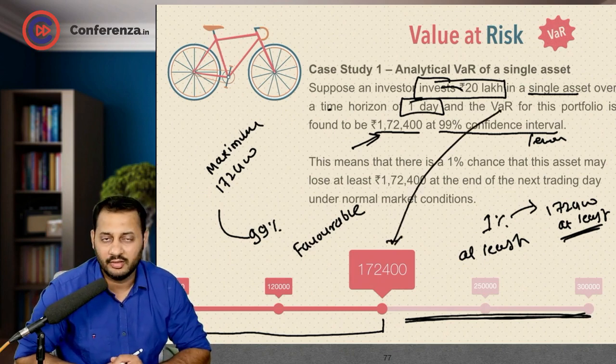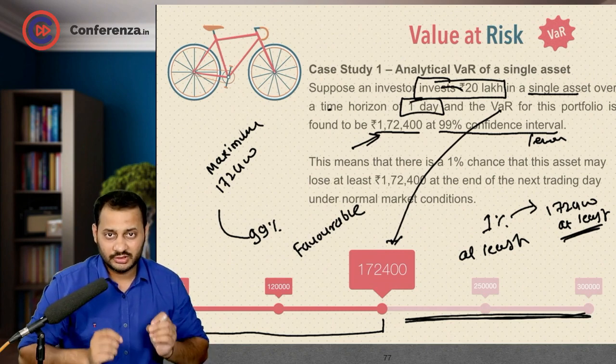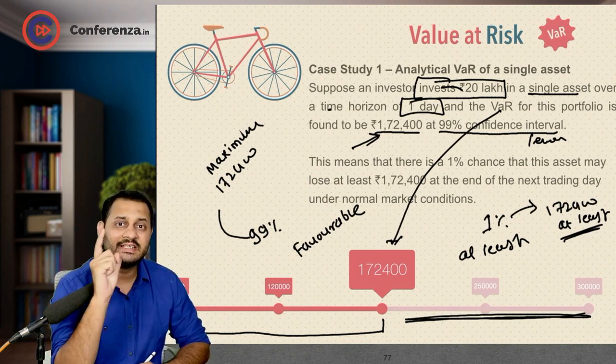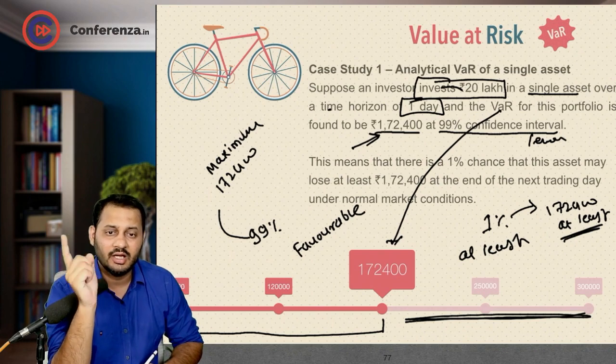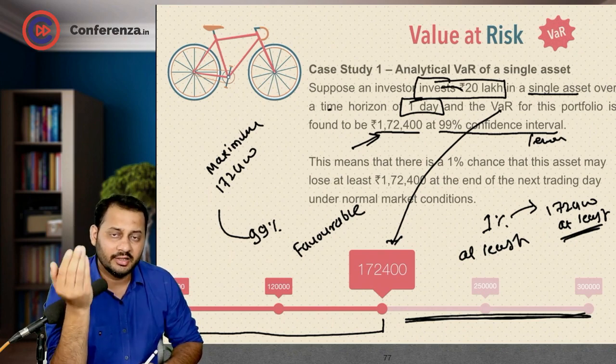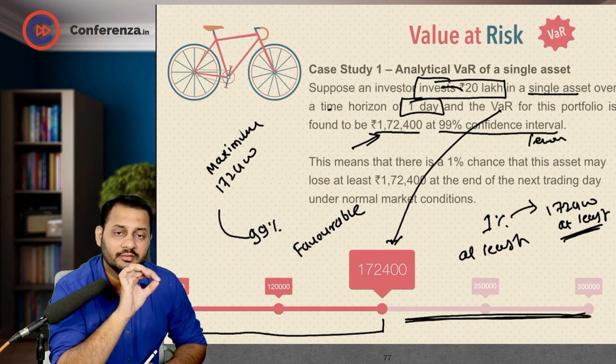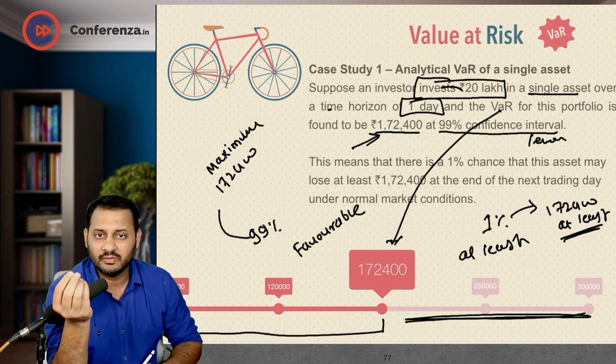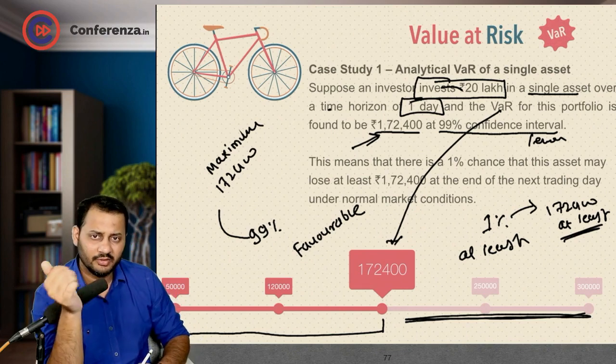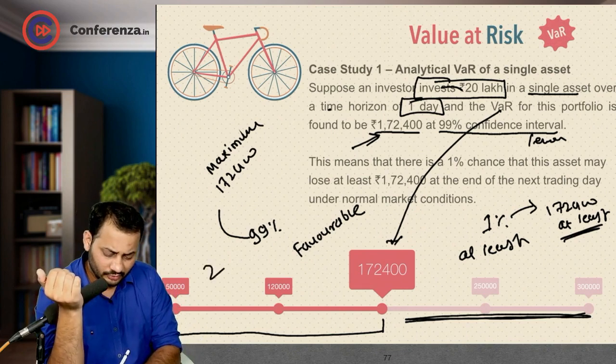That's okay. That's not an issue. You can lose 172,400 in a single day. But another interpretation is that you are 99% confident that the maximum loss will be 172,400. It can be below that. You can also lose only 2 rupees.